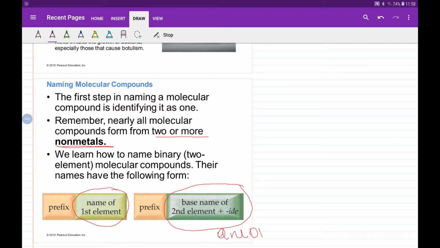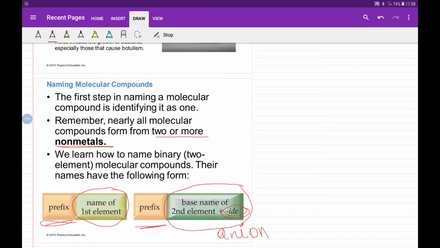Therefore, it's going to end with IDE instead. In order for us to indicate how many we have of each, we need to use prefixes. So each elemental name is preceded by a prefix to indicate how many we have.